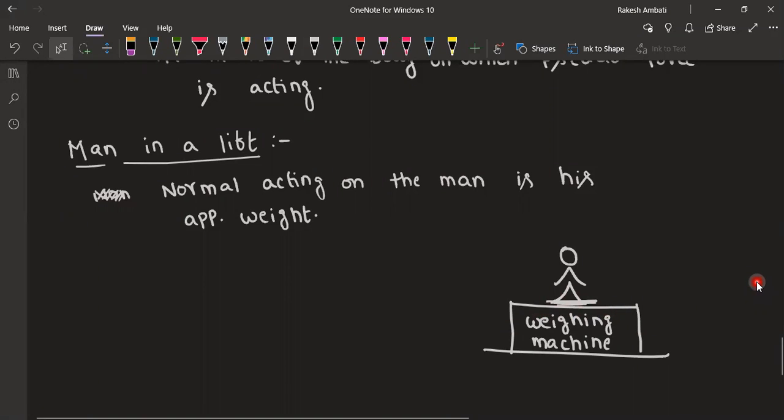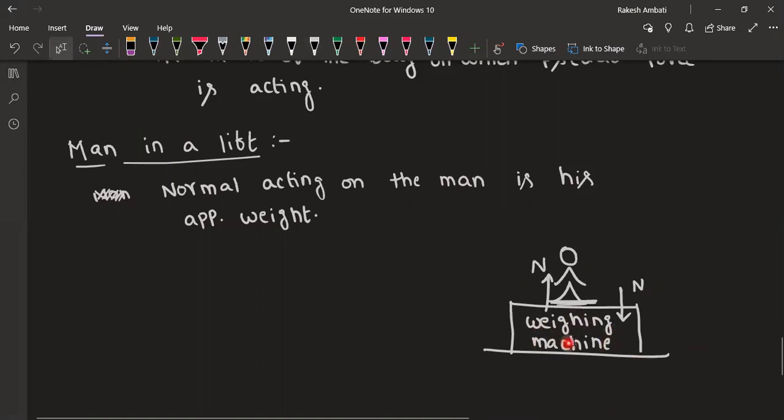How much normal force is acting on the man by the weighing machine? If that is the action force, then how much normal force will act on the weighing machine? The same, N. This N value will be measured by the weighing machine.